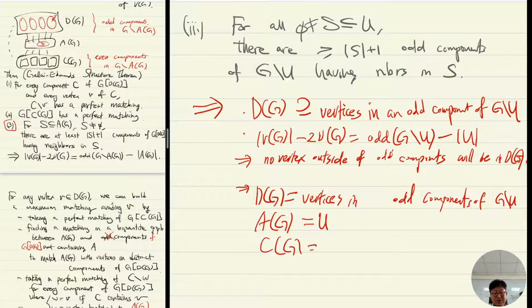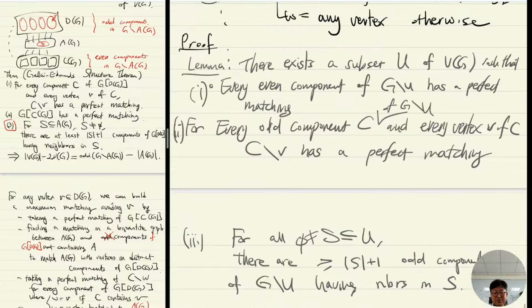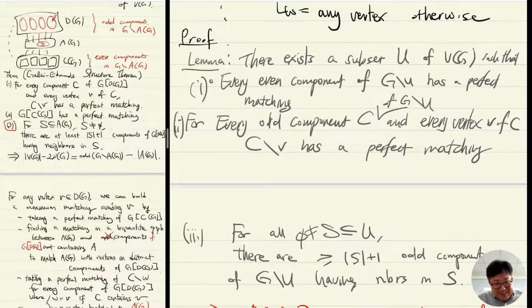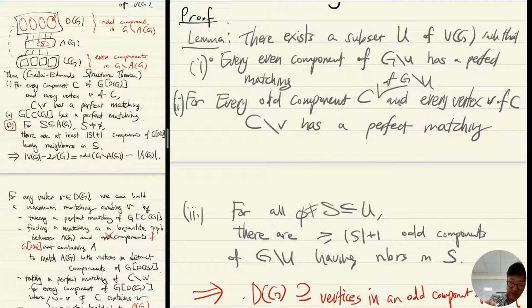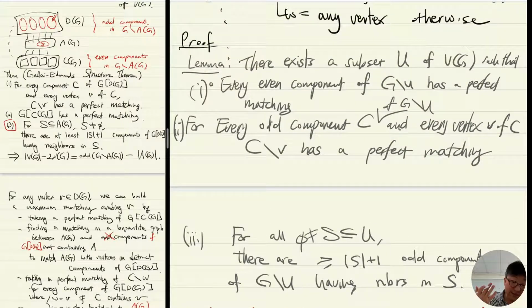So C of G is going to be equal to the even components of G delete U. So instead of defining D, A, C first, I can just say, well, there exists the one set U satisfying these 3 properties. This lemma doesn't explicitly say that U is equal to A of G, but essentially this set is unique, right? Because it has to be equal to A of G.